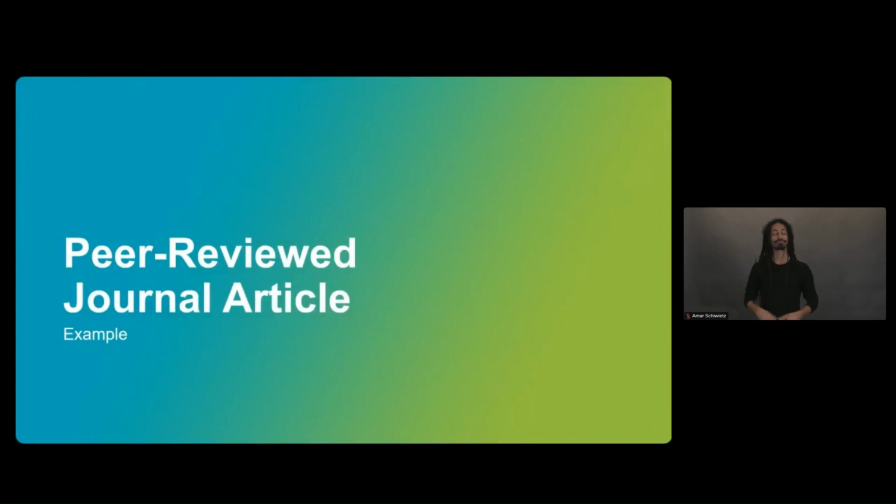Great. Now let's look at the next example, which is of a peer-reviewed journal article. Peer-reviewed articles, also called scholarly or refereed articles, are a key information source for your college papers and projects. These articles go through a peer review process.